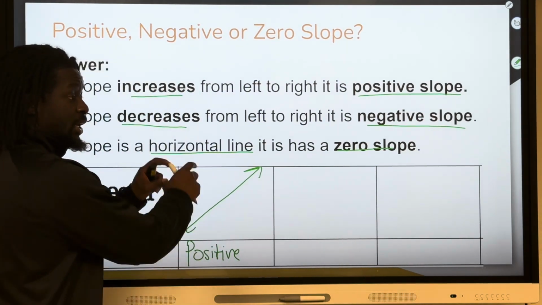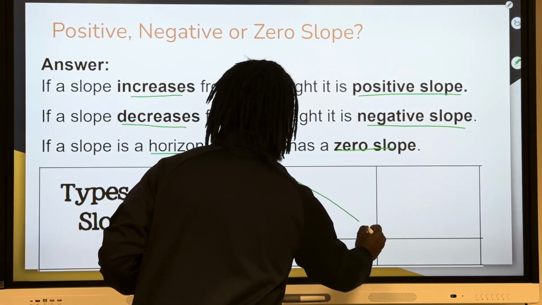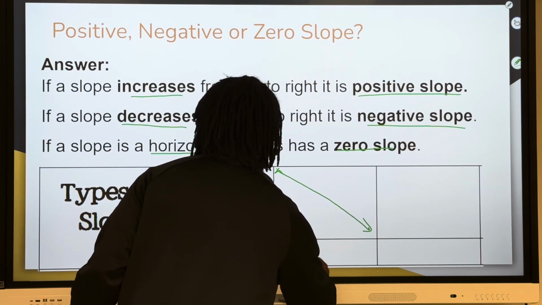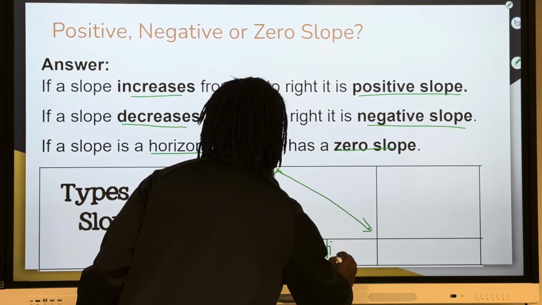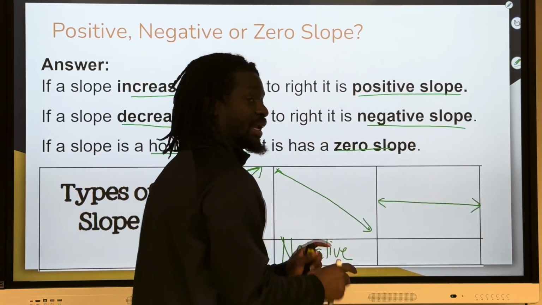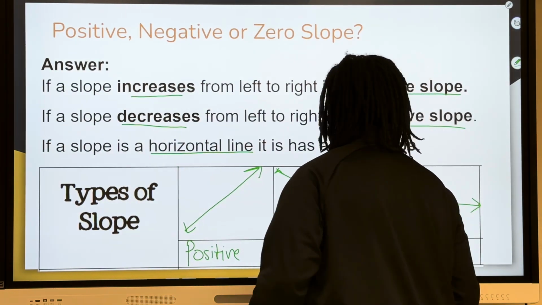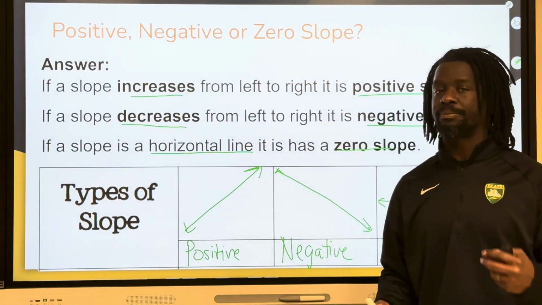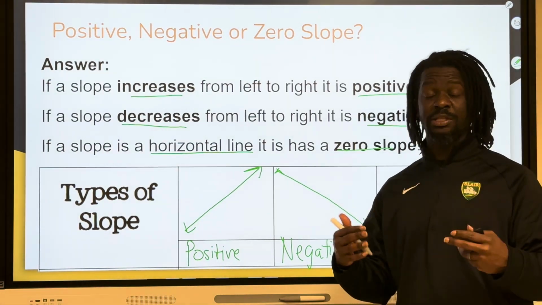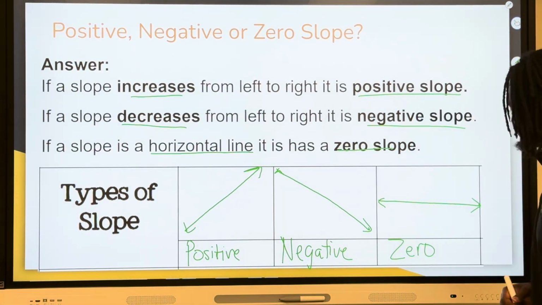And if it is decreasing from left to right, so it starts high, then it goes down, that is a negative slope. And if it is just a flat horizontal line, this is a zero slope, okay? Technically, there's one more, but for this lesson and for this unit, we did not have to know the fourth type of slope.